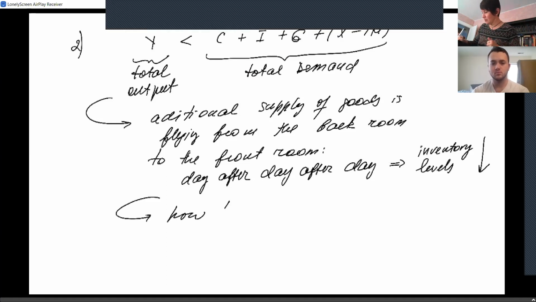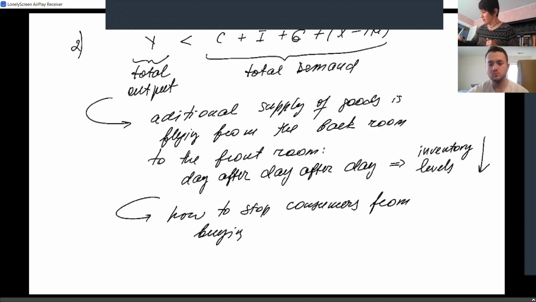How to stop consumers from buying everything from the store.